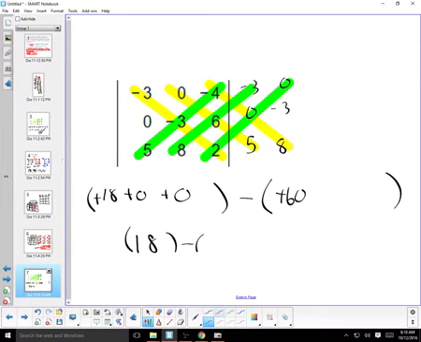I'll double check that. 8 times 6 times 3, 144. But it is going to be negative, so negative 144. And then obviously the last diagonal is just going to be 0, correct? So I'm going to take that negative 144 and add 60 to that. That's going to give me a negative 84. Good there?